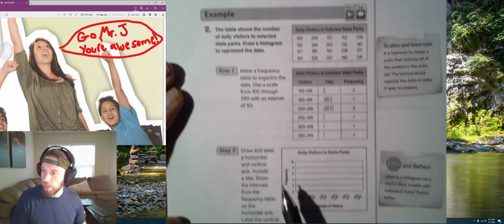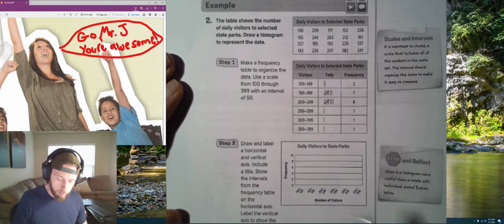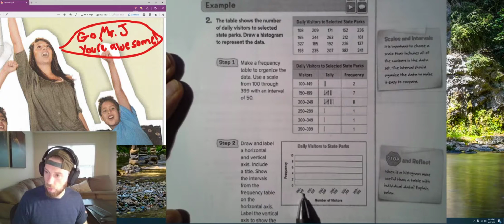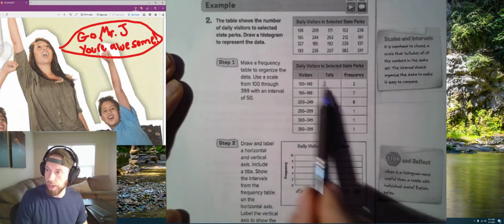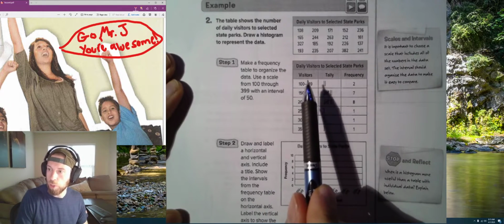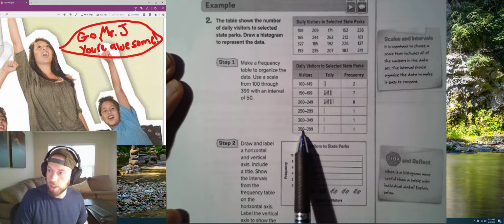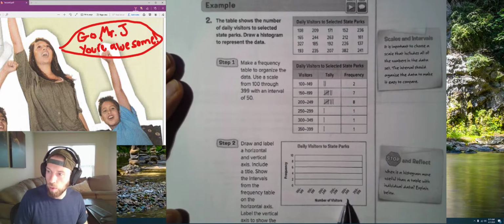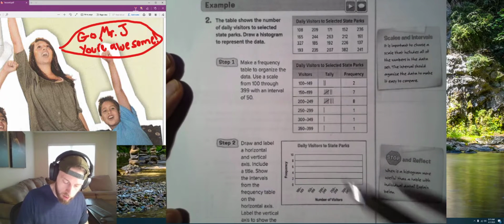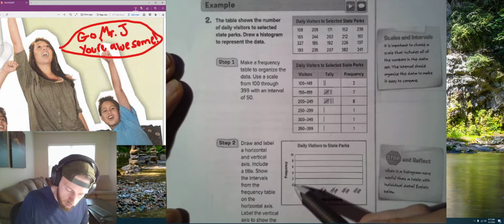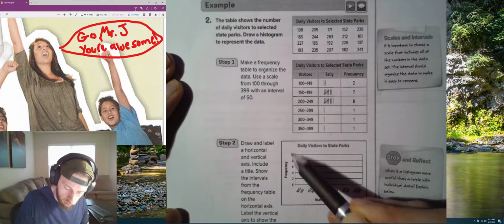Next, you actually have to draw the histogram itself. On the bottom go the intervals. So you got your first interval, second interval. All this stuff is up here in your frequency table. So you just put 1, 2, 3, 4, 5, 6 intervals down here. And then you actually put the number of parks over here on the side, 0 to 10.